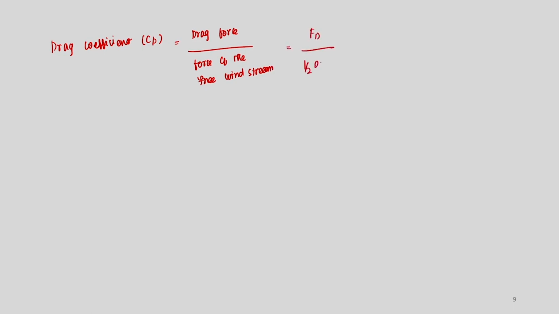Okay, so then next one is drag coefficient, which is nothing but CD, which can be defined as drag force upon force of the free wind stream. So, this can be written as Fd upon half rho A u square. So, what is Fd? Fd is drag force.